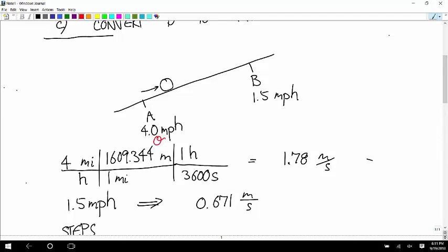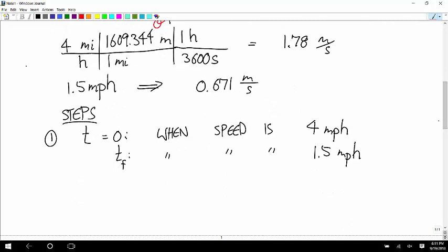So we'll choose that. So I'm going to write P is equal to 0 at the ball's location when time is equal to 0.